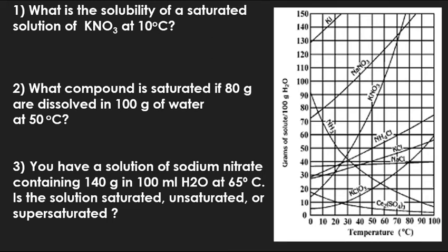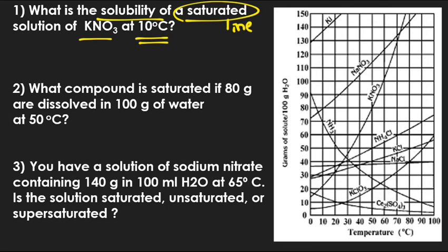So after you pay attention to those axes and you read these questions carefully, you can basically already answer most of this probably. So we want to know the solubility of a saturated solution. Saturated is where our lines are, of KNO3 at 10 degrees Celsius.